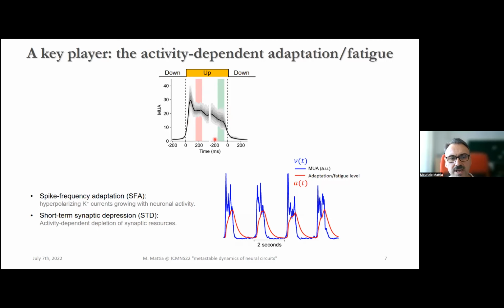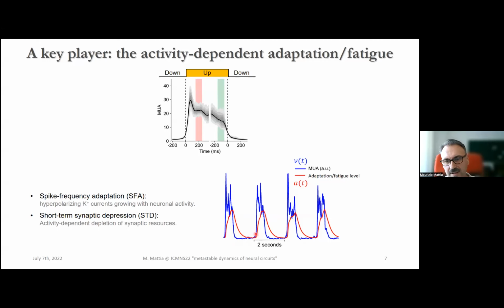But it is important in order to model this activity to introduce another ingredient. And the ingredient is a kind of self-inhibition, which represents the fatigue of this network. In this up-down cycle, where the blue means the firing rate of the pool and the red represents the level of fatigue, you see that you have a maximum fatigue at the end of the up state, and then there is a kind of recovery period during the down state.